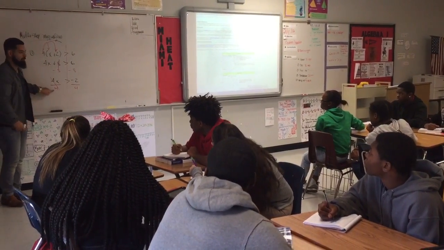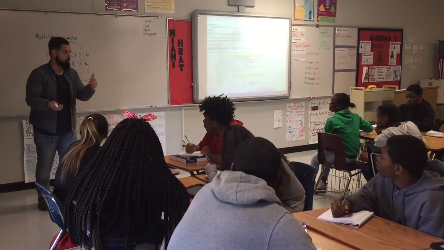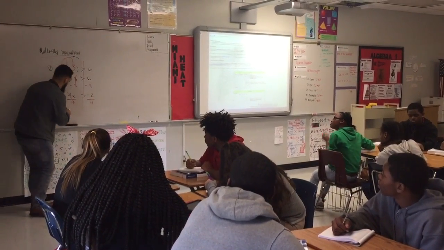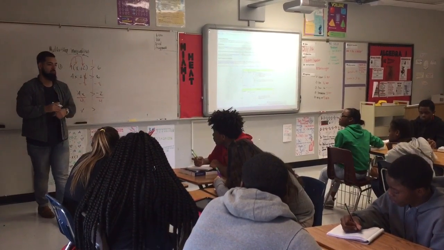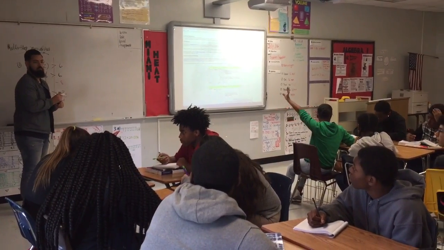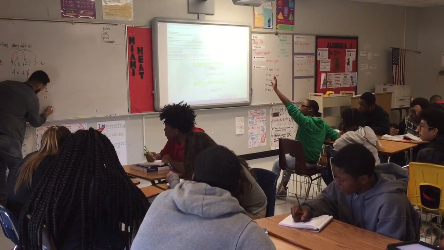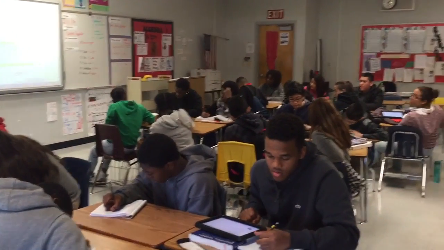Absolutely, because 4 divided by 4 just gives me 1. And there's no purpose of writing 1x. That's redundant. We can just leave it as x is greater than negative 2 divided by 4. Anybody get an answer for that? Negative 0.5. Absolutely. Box off your answer, and we're done.